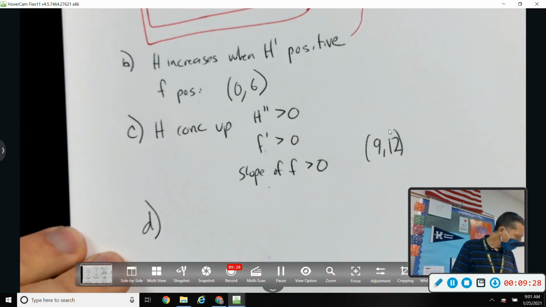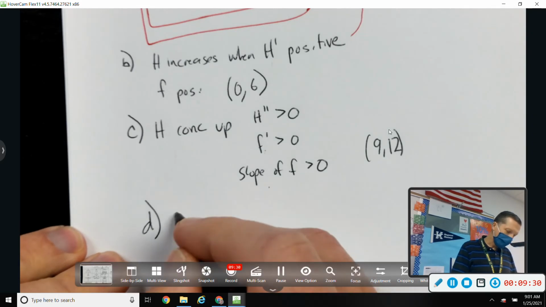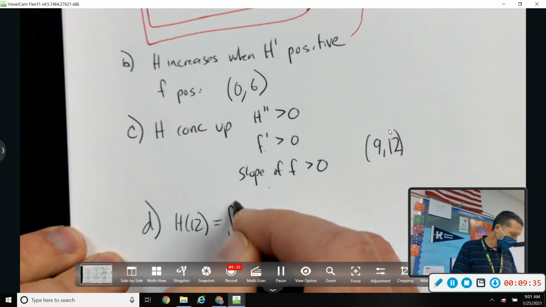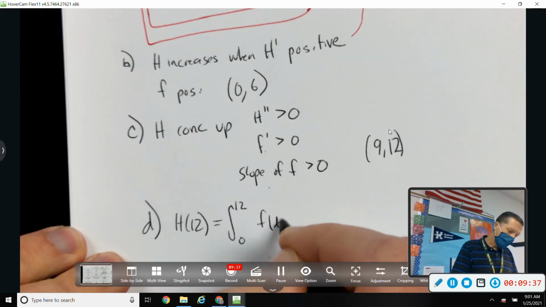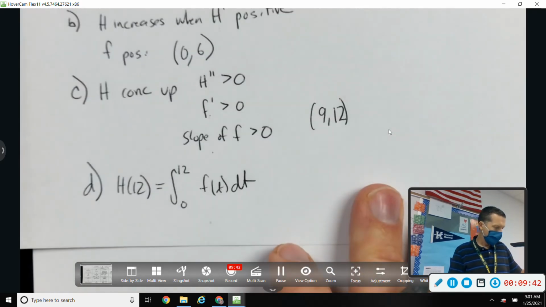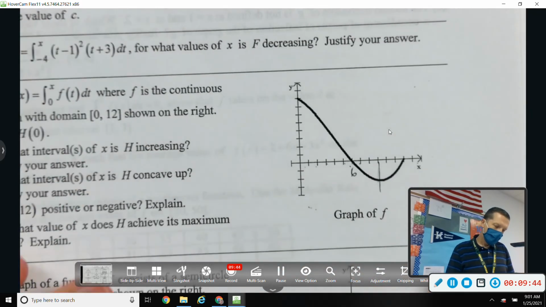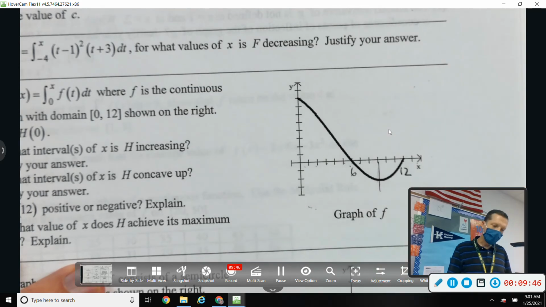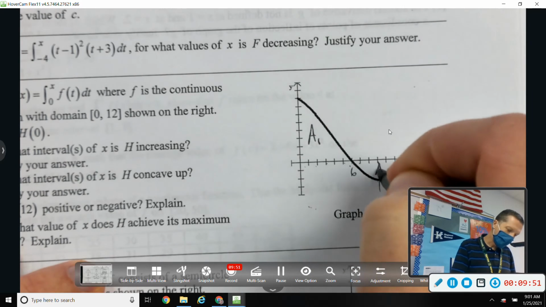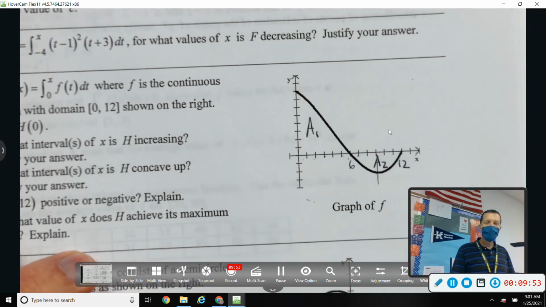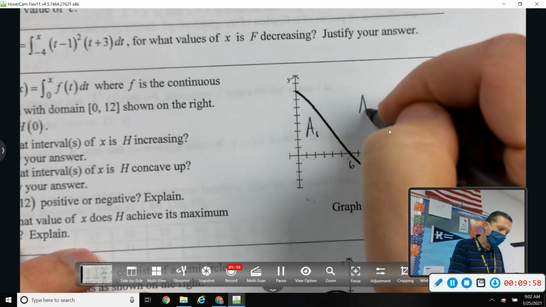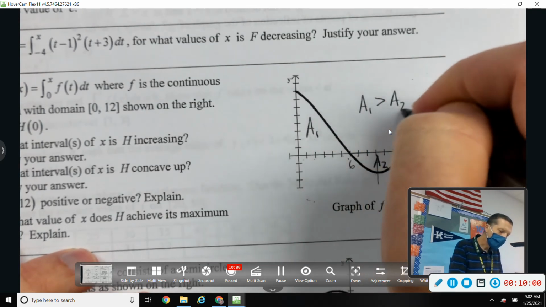Part D. Is h of 12 positive or negative? h of 12 is the area from 0 to 12, the integral of f of t dt. So it's that total area. Well, let's just say that's A1 and A2. I can tell by looking, even without approximating or trying to guess, A1 is bigger than A2.